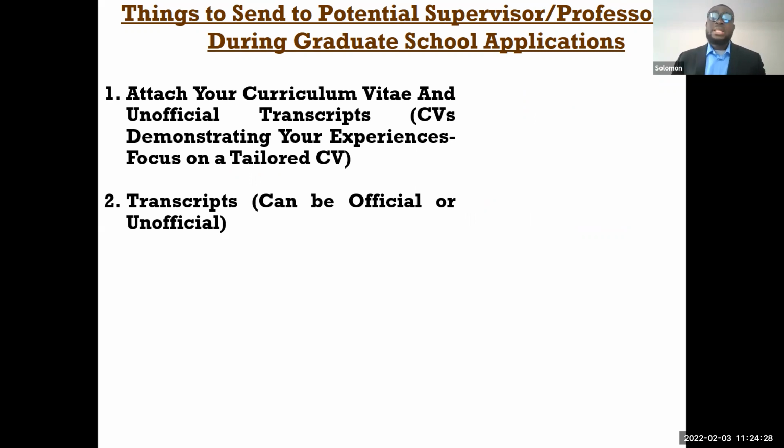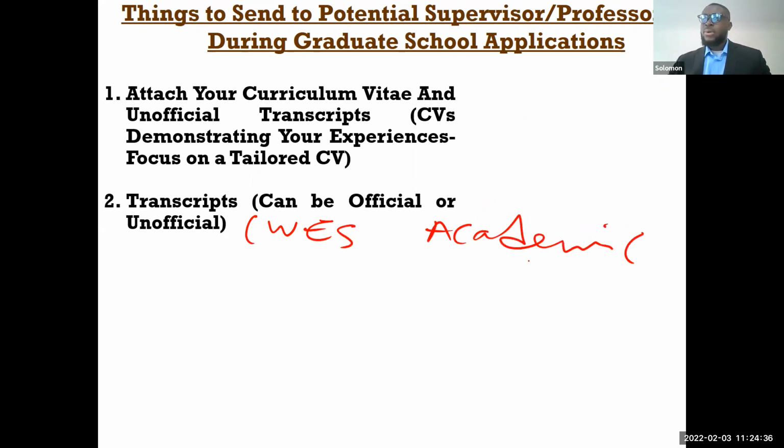So what I recommend is that if you can, take your transcript to World Education Services for academic evaluation, all right? Then they will convert your transcript to the standard Canadian and US format, and it becomes easy for the prof to read. As soon as you attach your transcript, they can easily assess whether this person is a good student or not. I always recommend people do this if they can.